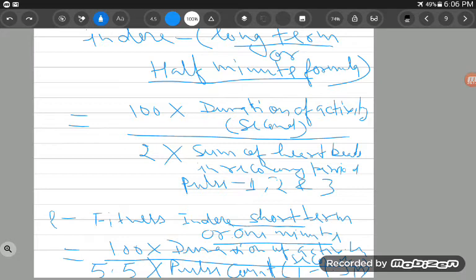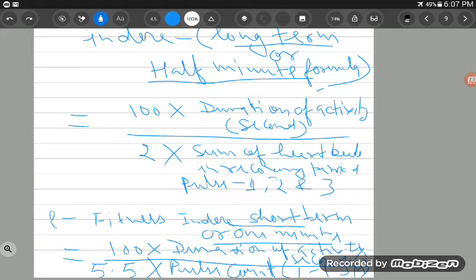You will add these when you get the question on the long term or half minute formula. Fitness index short term or 1 minute formula: 100 multiply duration of activity in seconds upon 5.5 multiply pulse count between 1 to 1.5 minutes, means 1.5 minutes. Children, how will you understand?